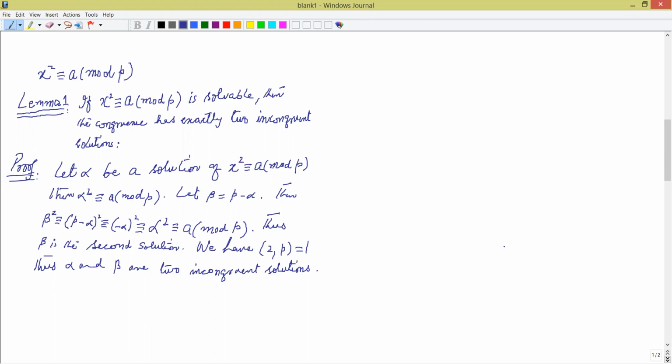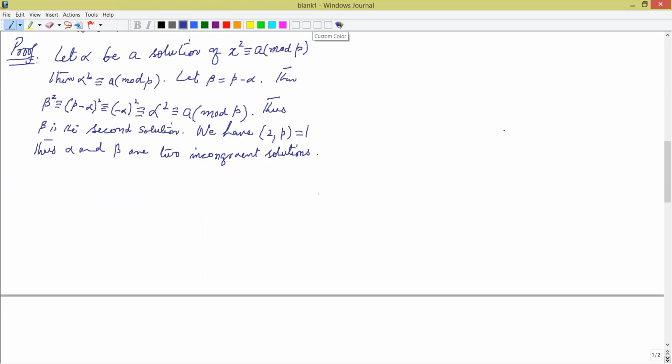So to show that there are exactly two solutions, we assume that gamma is the third solution.